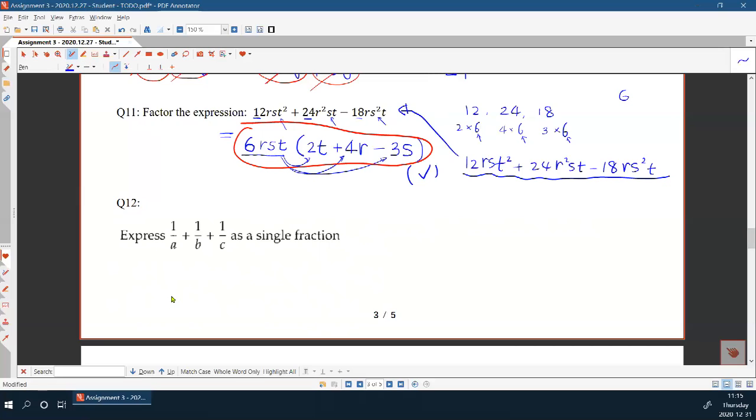No? All right. Let's see the next one. Express 1 over a plus 1 over b plus 1 over c as a single fraction. Okay. Write something as a single fraction. Key point is to find the common denominator.